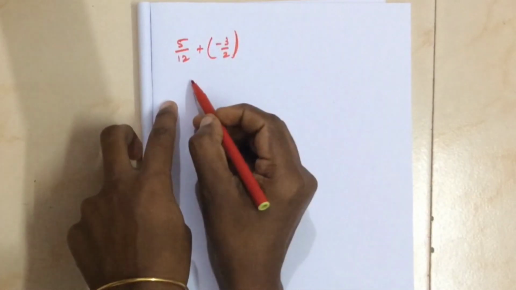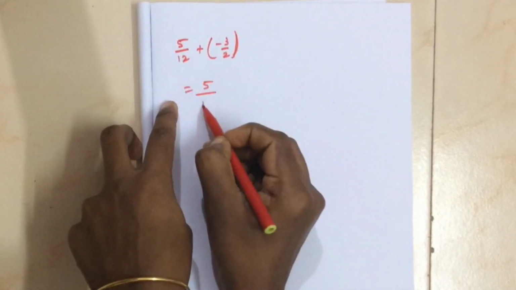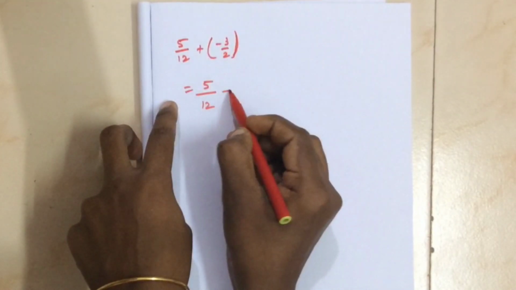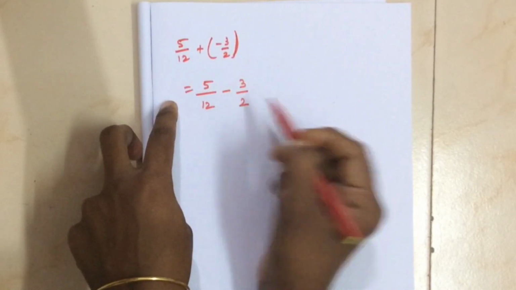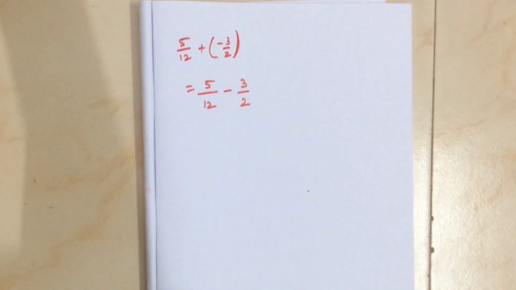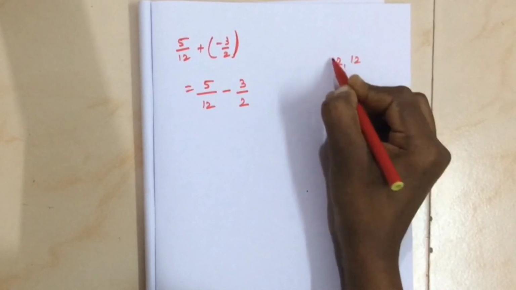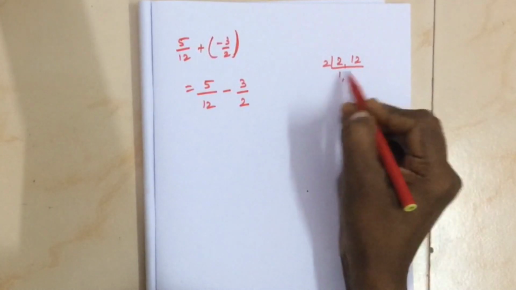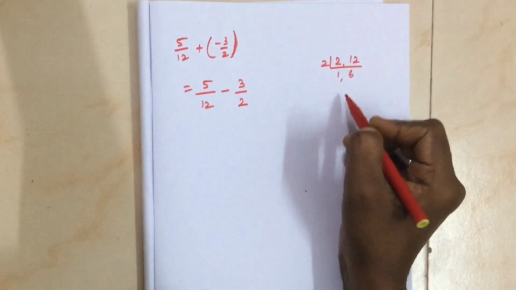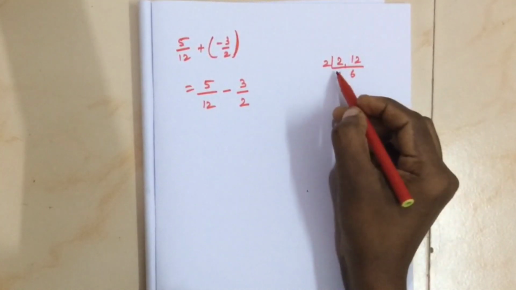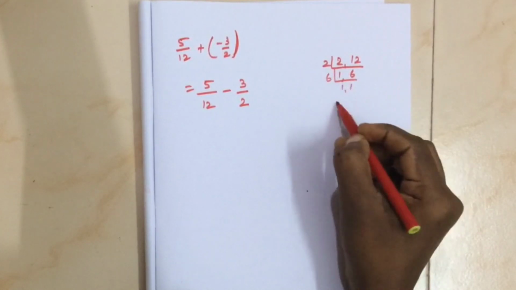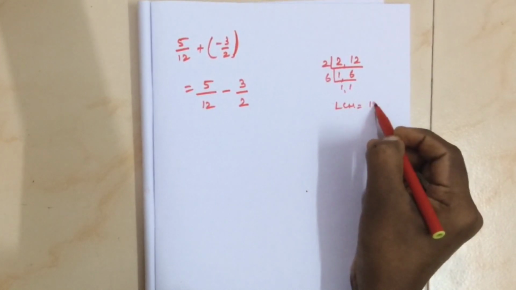So, that is equal to 5 by 12 plus into minus 3 by 2. Again you can see the denominators are not the same. Now again we are going to take LCM of 2 and 12. So 2 ones are 2, 2 6s are 12. So again it will be 6 1. So what is the LCM? It is 12.